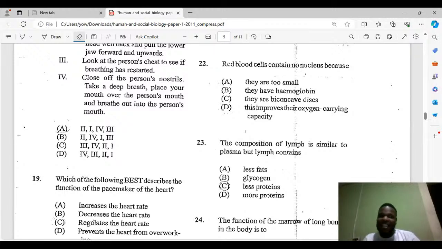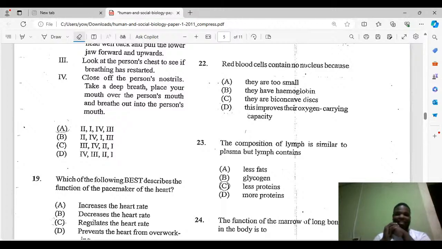When the kidney filters, we know about ultrafiltration. Where does ultrafiltration start, specifically in the kidney?